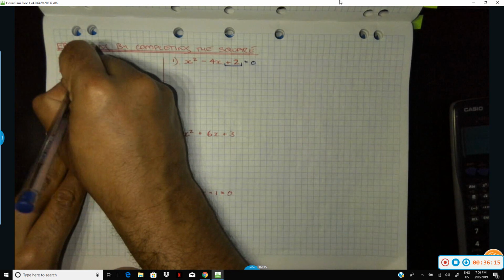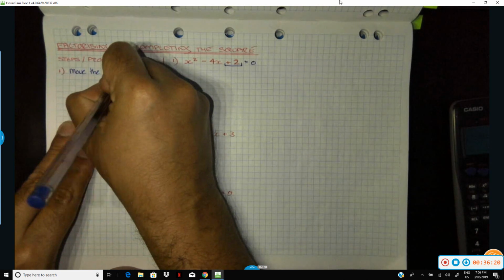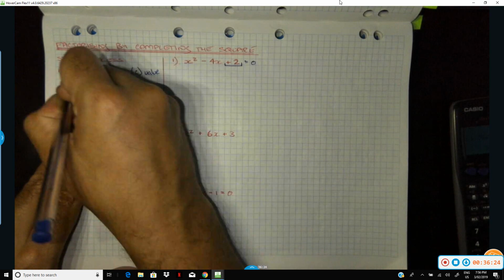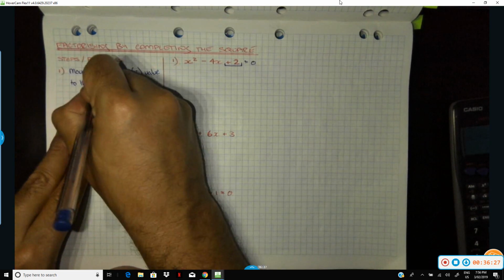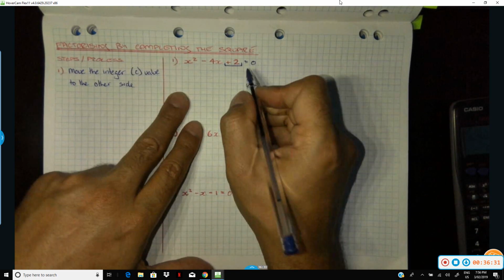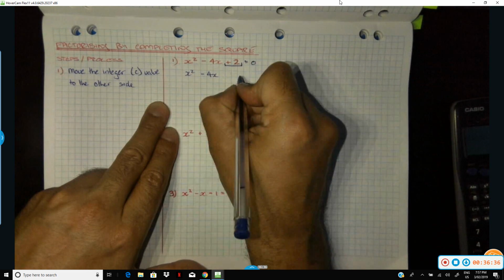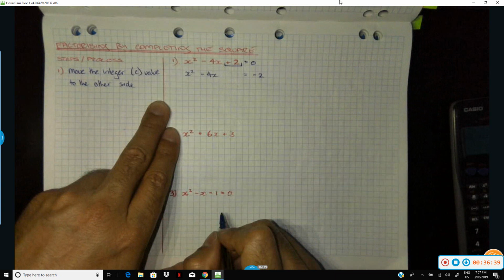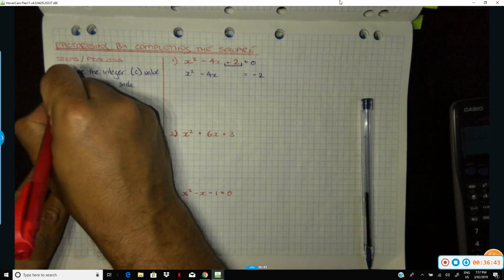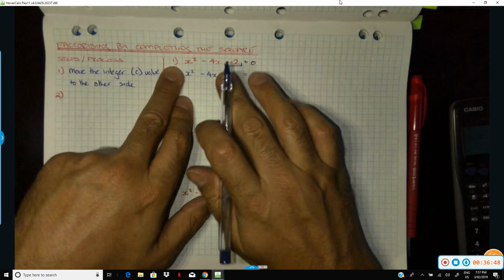I move the integer, or the c value, to the other side. So I assume that it's set to 0. I move it to the other side. I basically then try to complete this square.